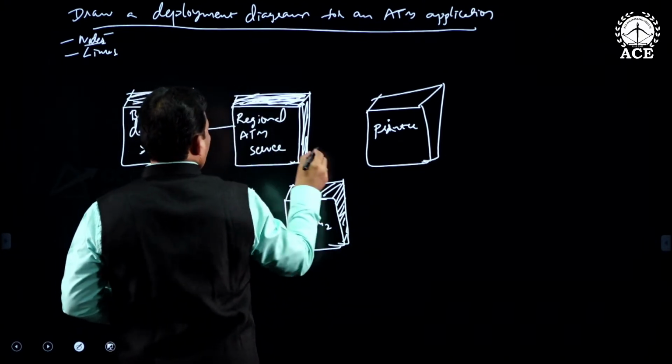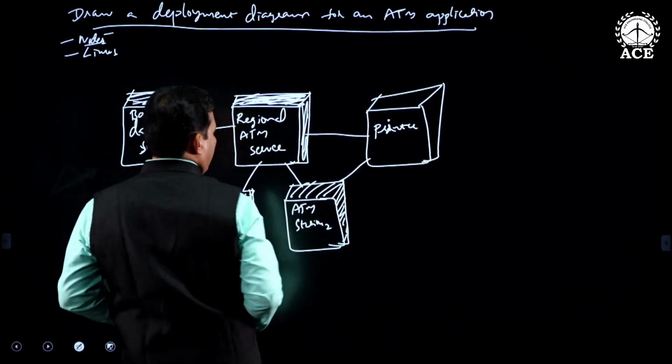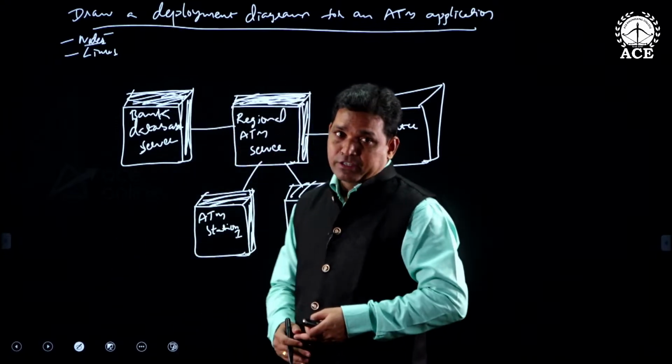So links, connections, can be established among them, right? So this is the importance of deployment diagram for an ATM application.